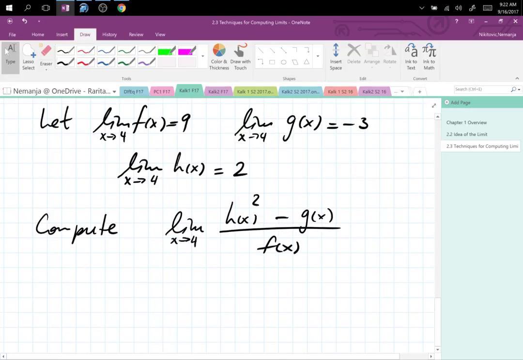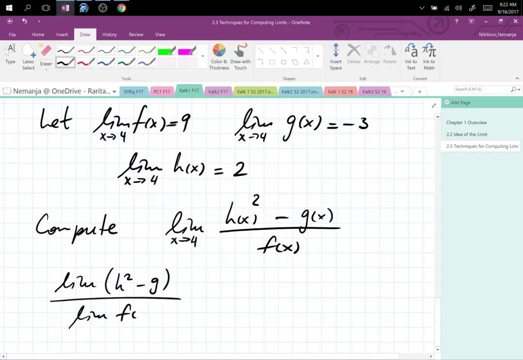You employ limit laws where you have a limit of a quotient. So you would assign a limit to h squared minus g over the limit of f of x in the denominator, x goes to 4.